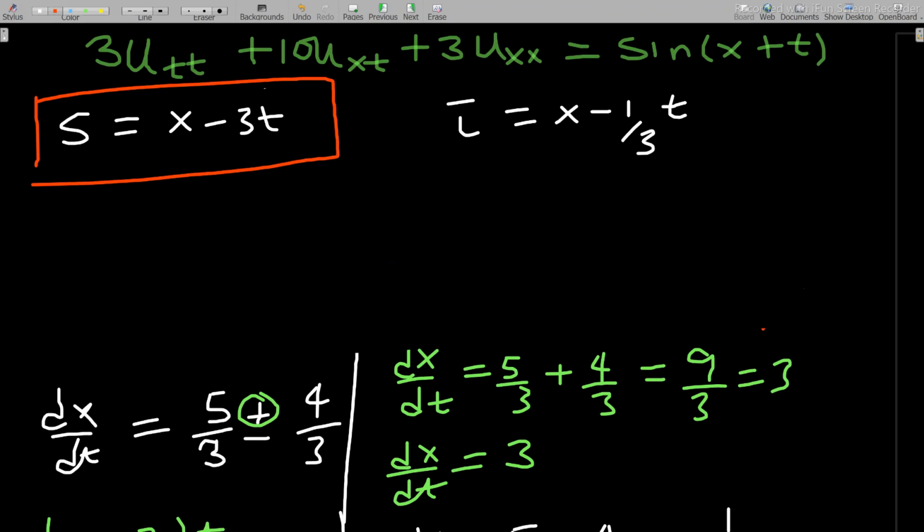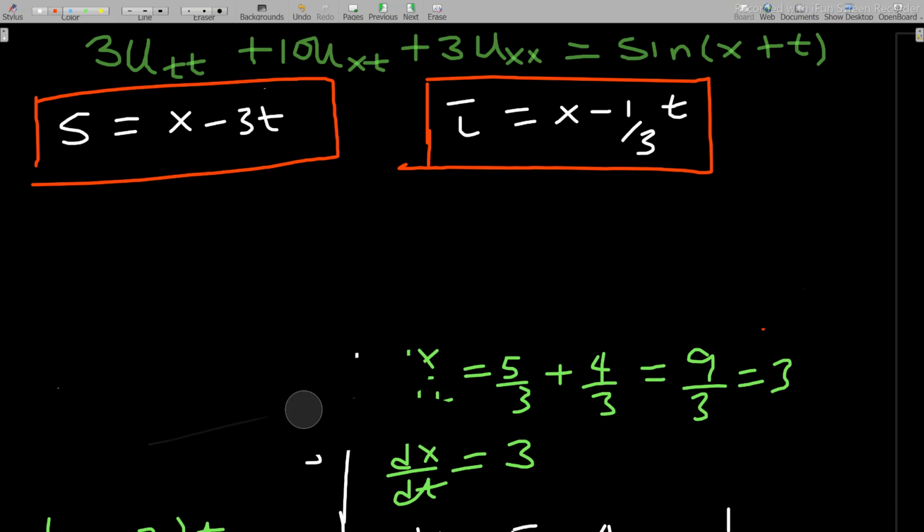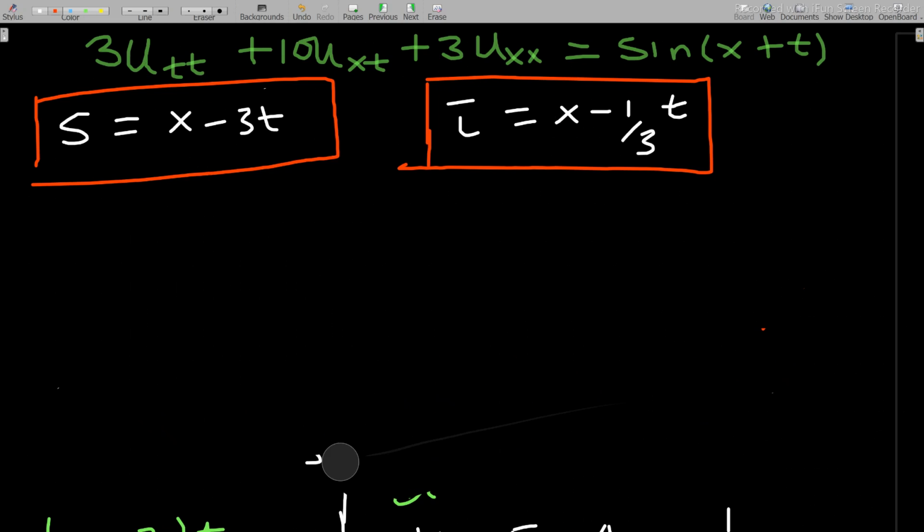But let's see something before that. Before we go for our UTT and our UXX, you see that our source function here is sine of x plus t, and in the substitution you want to find UTT, like I said earlier, so that I can substitute them back here, but we have to also change the x plus t to tau and s.